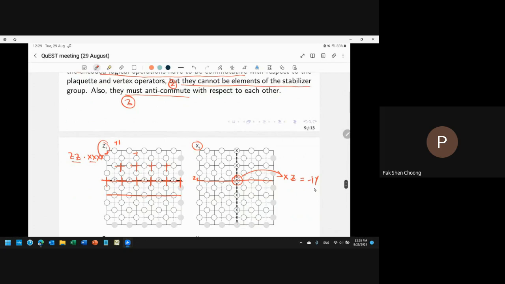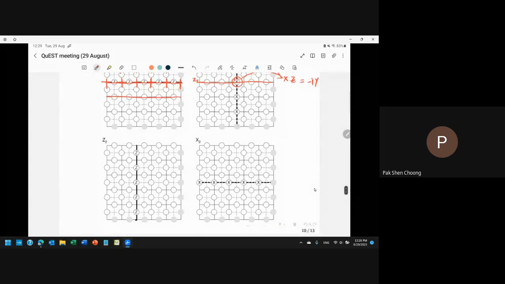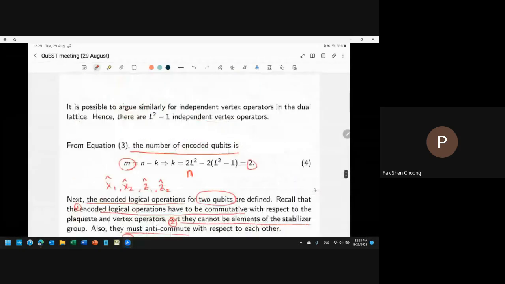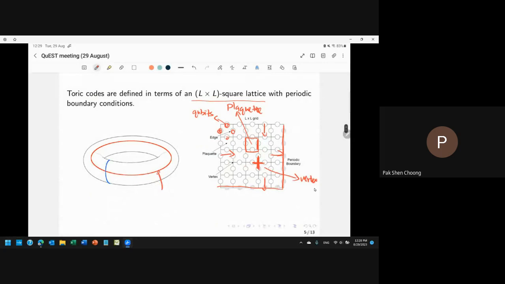For z2 and x2, you define on your dual lattice. You just apply similar arguments, and you will get the z2 to be this, whereas your x2 will be just this. So then you can think about this, and you find that one of the circles will be your x, another one will be your z.